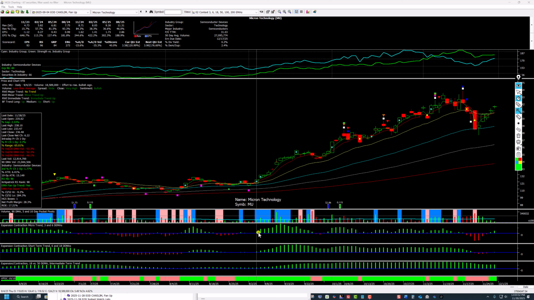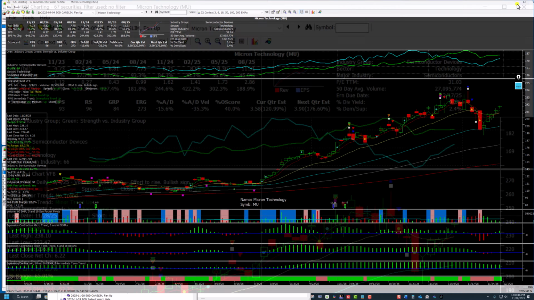The 3 crossed the 6 crossed the 18, and the 18 was already above the 50. So that was an opportune time to catch it with these SmartGroups. Okay, let me move on here.